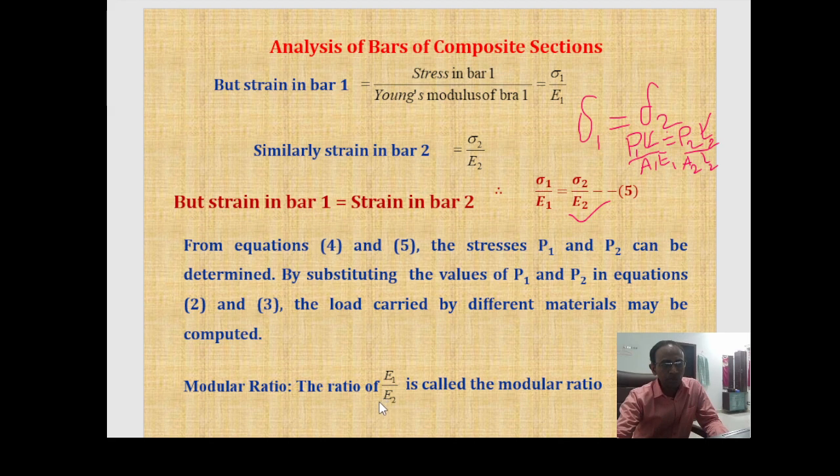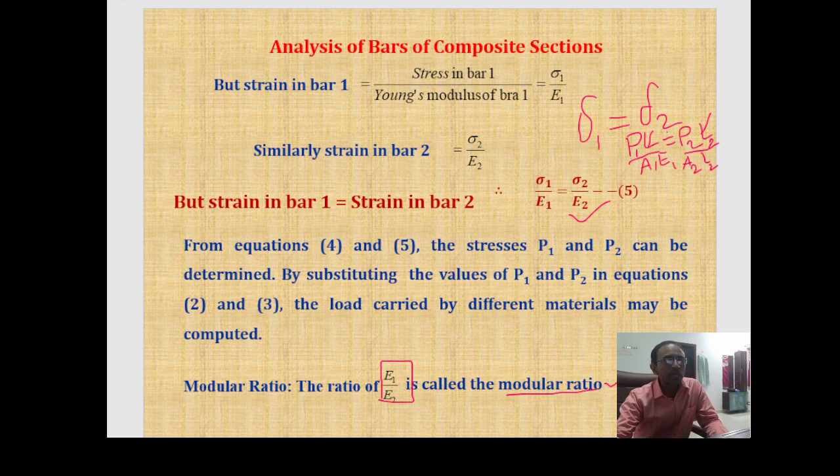E1 by E2, the ratio of the moduli of elasticity, is called the modular ratio. This is preferably used in RC structures when we are using the working stress method. It is one of the key parameters for the design of RCC members. Right. So now we have the fundamentals of composite bars, how to analyze them, and how to find the unknowns when a composite section is subjected to axial load.